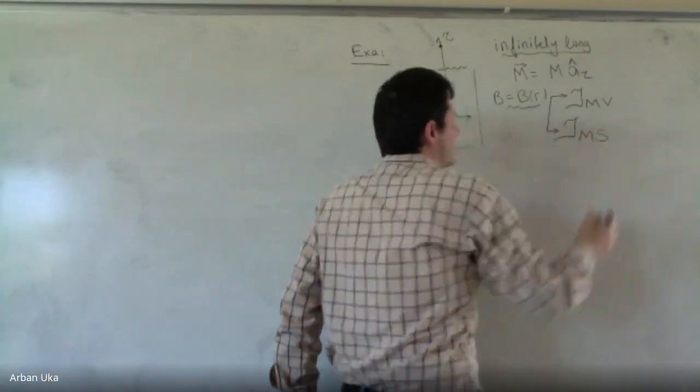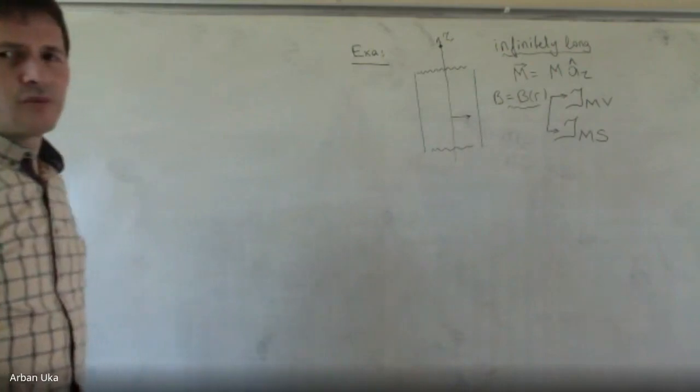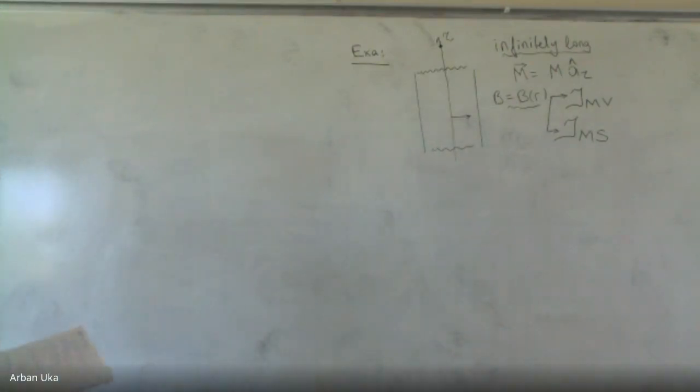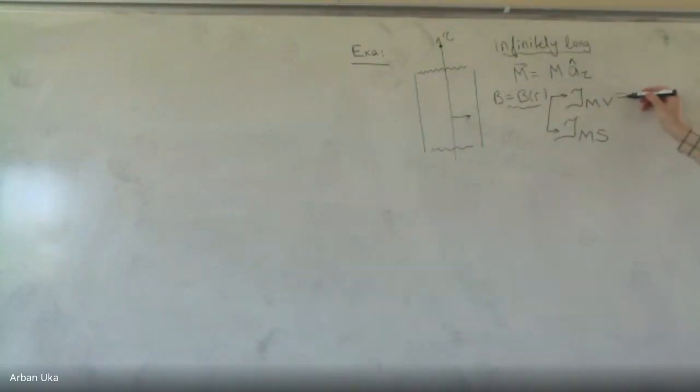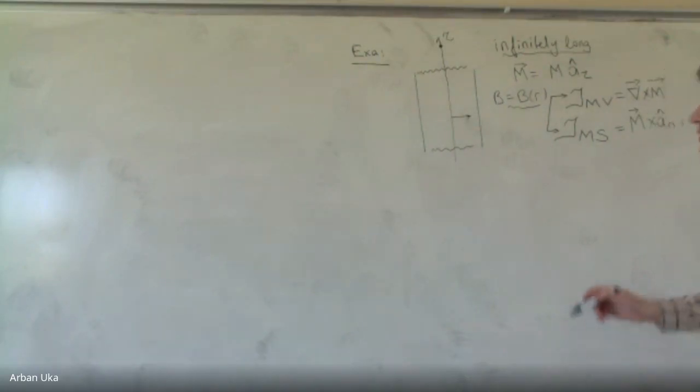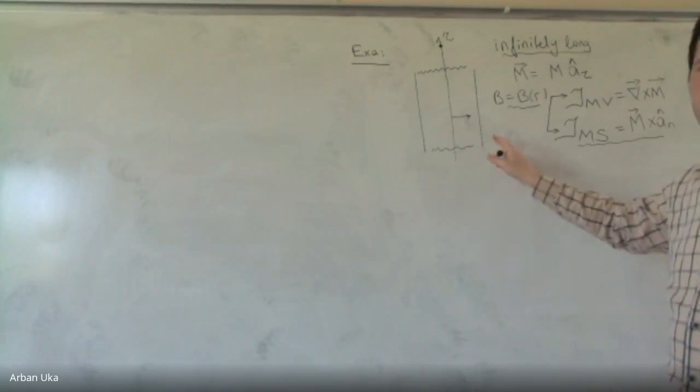These are two quantities that we need to identify right away. The first one is equal to the curl of the magnetization, and the second is the magnetization cross product with a_n, where a_n is the normal vector to the surface area.